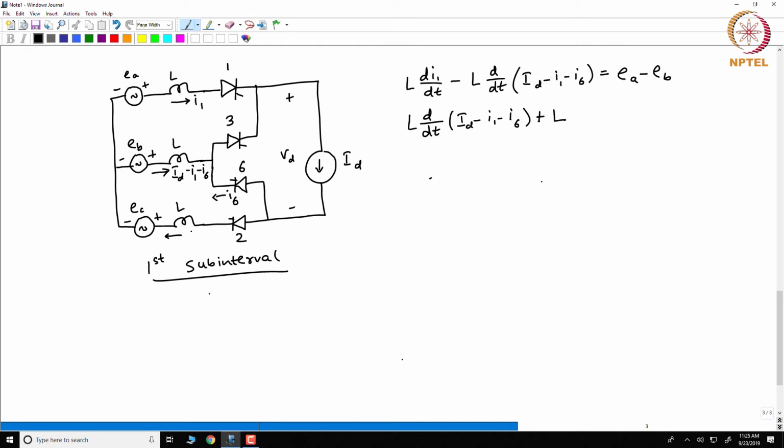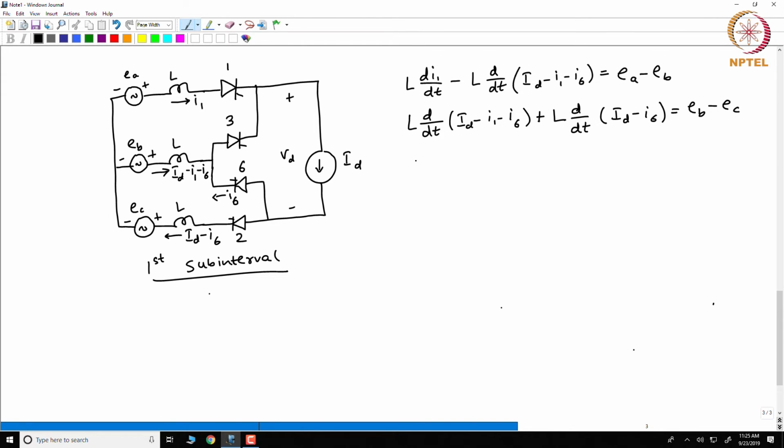Id minus I6, plus L d/dt of (Id minus I6). This is equal to EB minus EC.